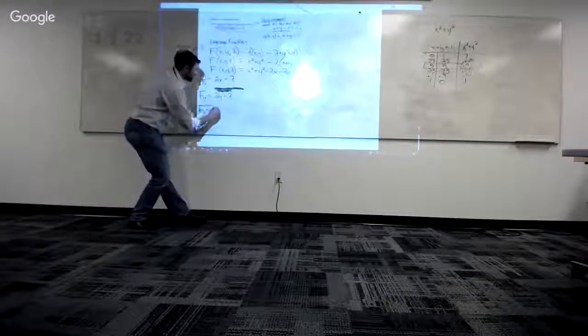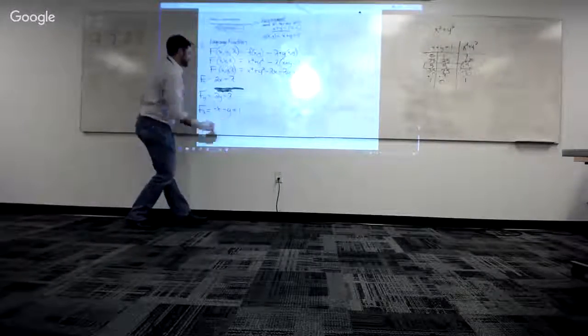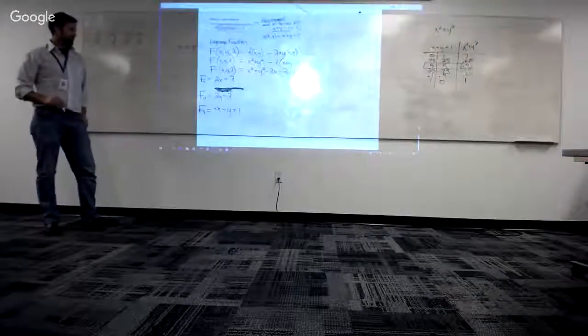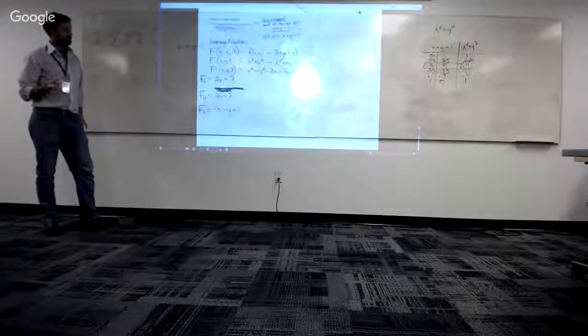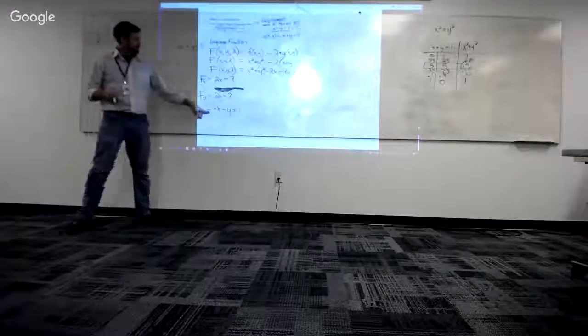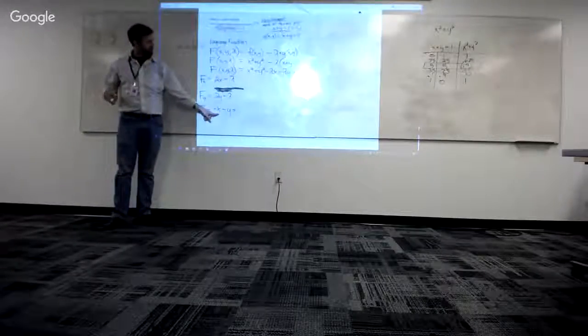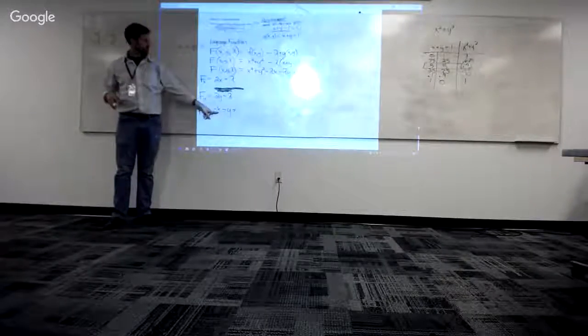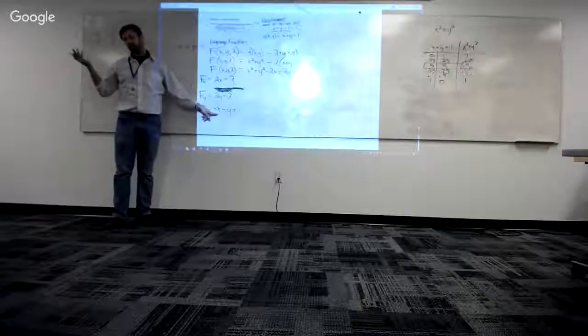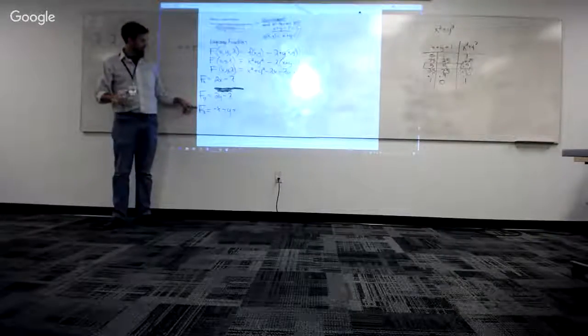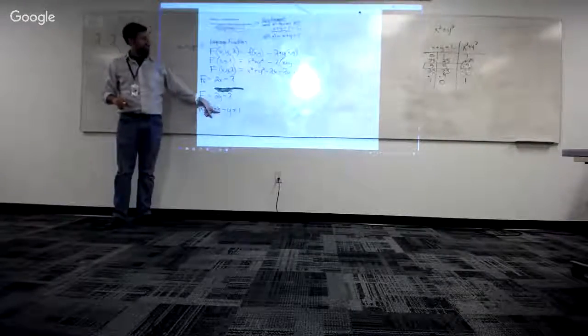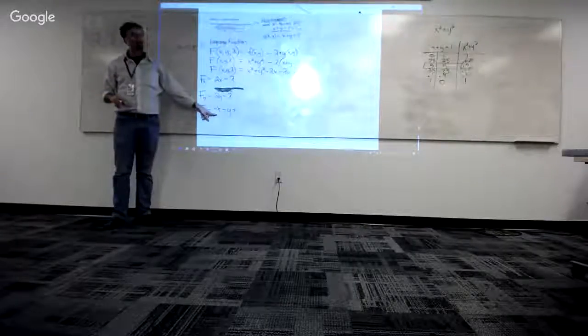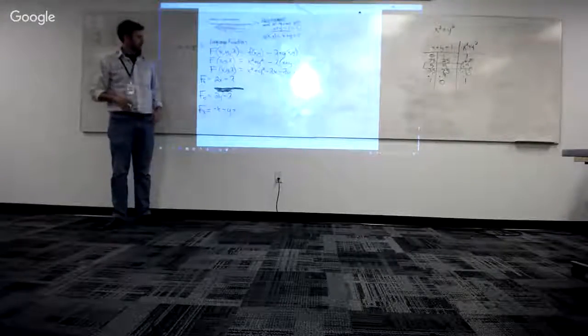So now we have negative x, negative y, plus 1. And what you'll notice, and this is true every single time you take the derivative with respect to lambda, is you get back the original requirement function, but all the signs have changed. That's something you could just memorize. Whenever you take the partial derivative with respect to lambda, you get the original requirement formula back, but with opposite signs.